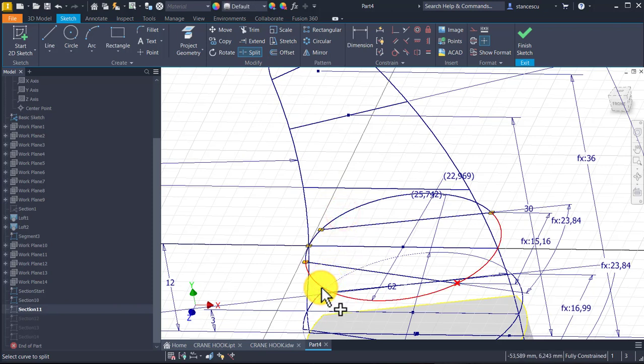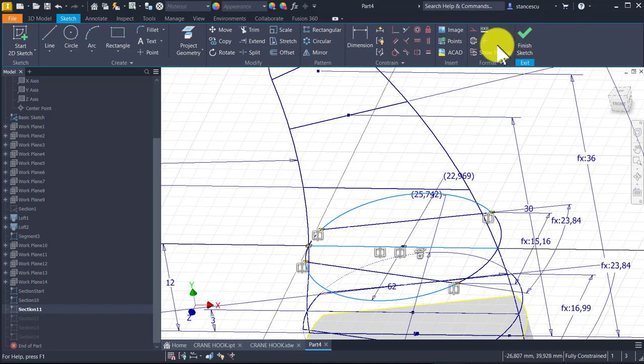2, 3, cutting. Then I select. What happens if I leave this in this situation?